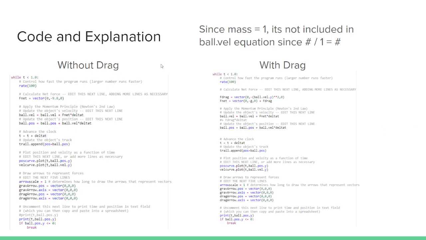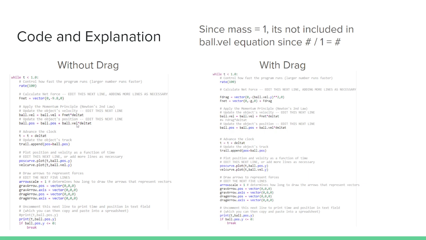Alright. Now code and explanation. Since mass is equal to 1, we didn't have to include the mass in the ball dot velocity equation, since any number divided by 1 is equal to the number. So if you look at right here where we calculated the ball's velocity, usually you would have to divide this by mass, but in this case, since mass is 1, I decided not to add it to make it more efficient.